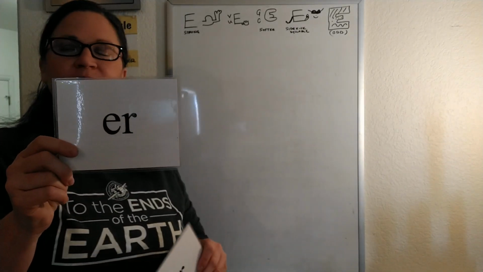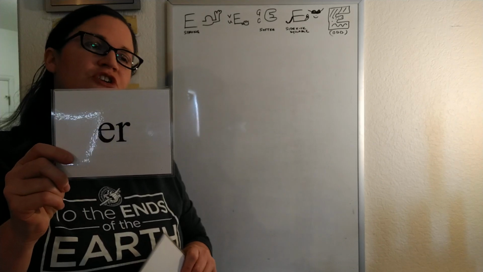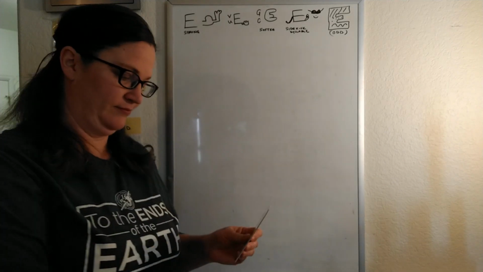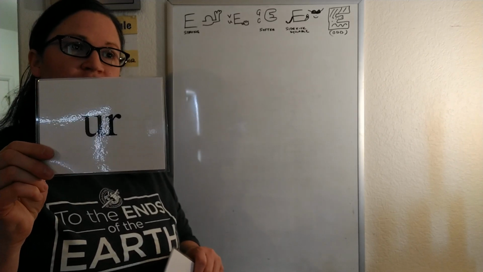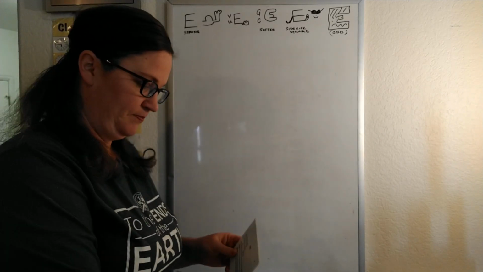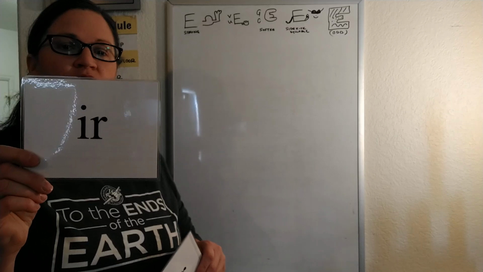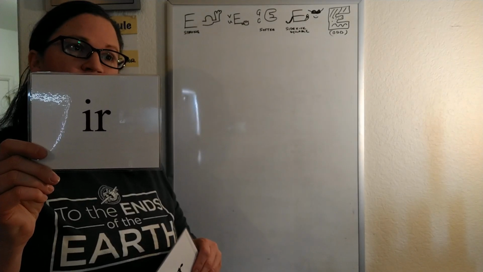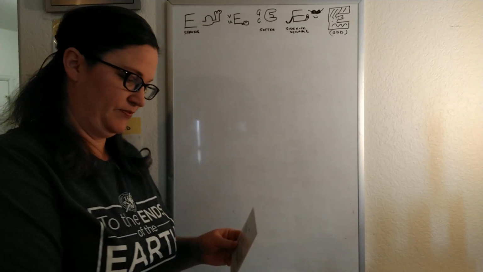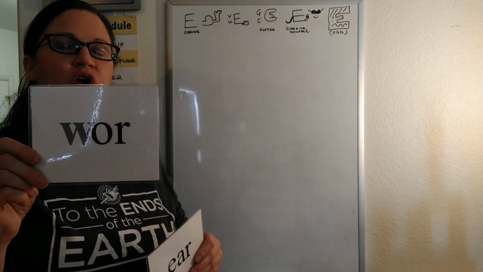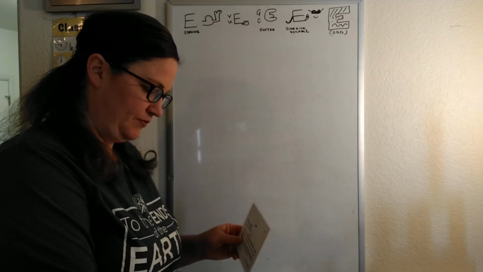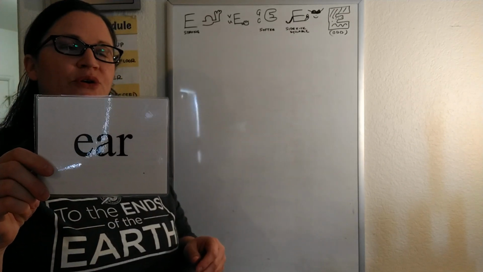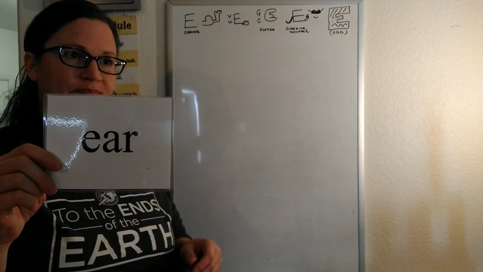So this phonogram says the ER of her. This one says the UR of church. The IR of first. The OR as in worship. And the EAR as in early.